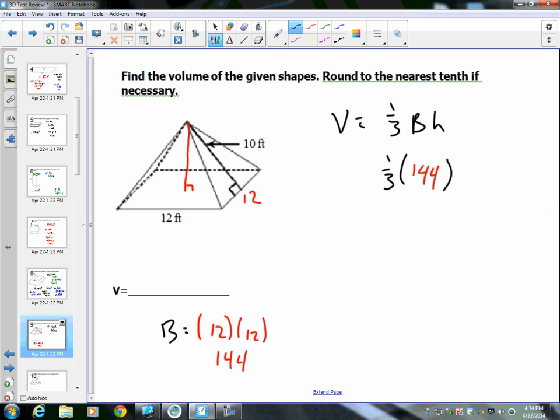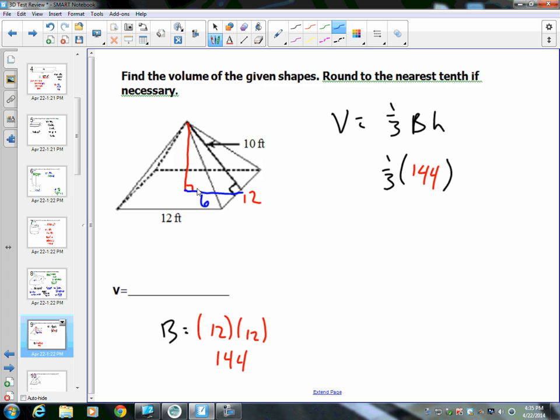In order to do that, we can set up a little triangle connecting the height, part of the base, and the slant height. This is a right triangle, so if we know two of the values, we can use Pythagorean theorem to find the height. We already know the slant height is 10, and we can find the part of the base because it's going to be half one of the sides. So if this side is 12, take half of it, this part is going to be 6.